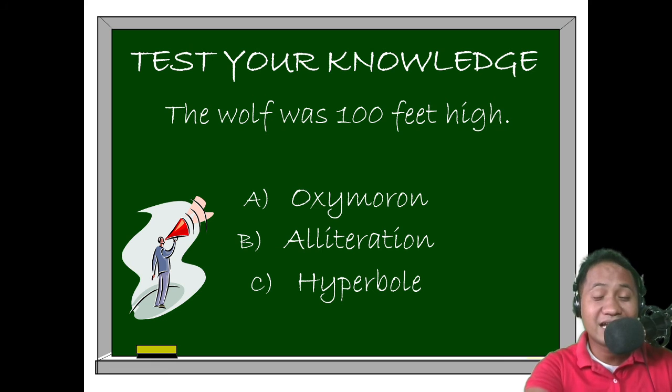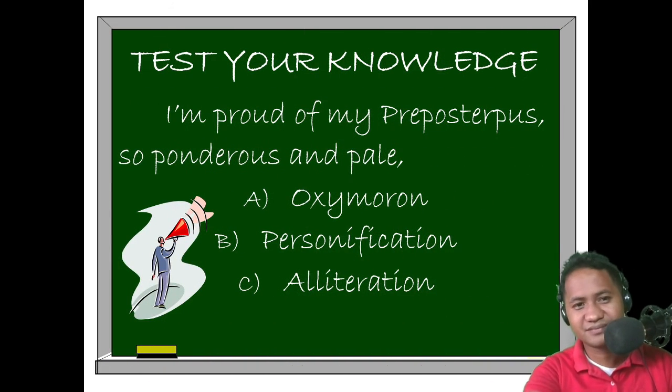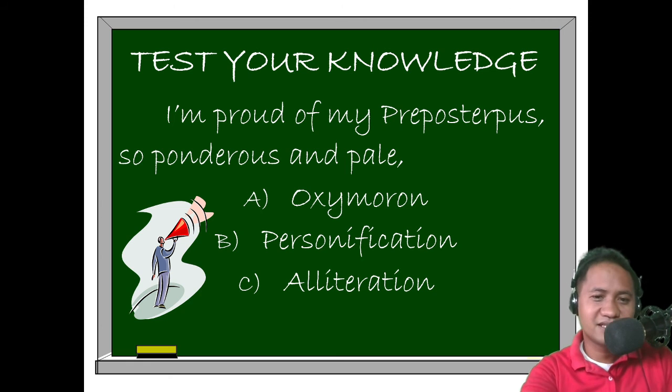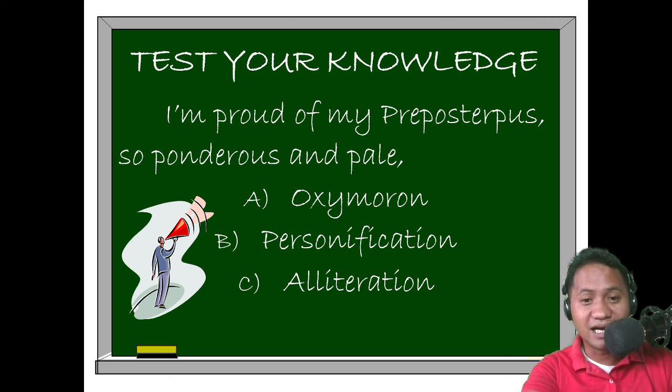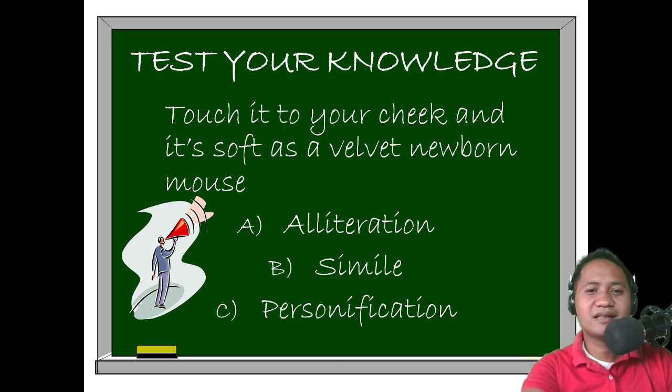Another one. The wolf was 100 feet high. A. Oxymoron. B. Alliteration. And C. Hyperbole. Next, I'm proud of my Preposterpos so ponderous and pale. A. Oxymoron. B. Personification. And C. Alliteration. There you go. Touch it to your cheek and it's soft as a velvet newborn mouse.